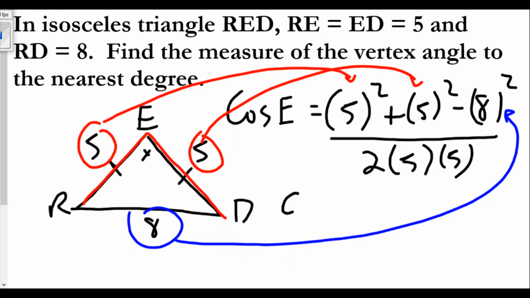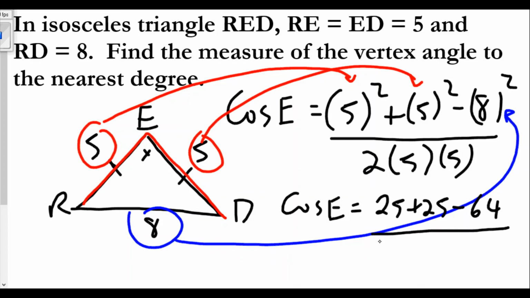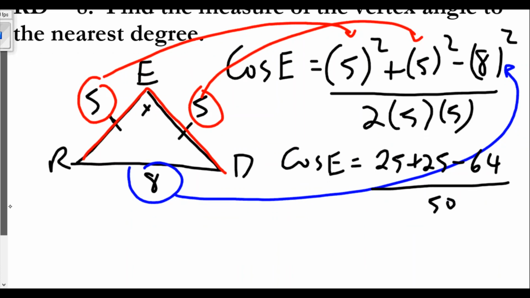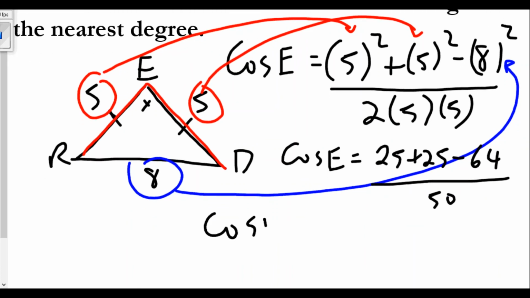So we know the cosine of E is equal to 25 plus 25 minus 64 all over, in this case, 50. So now if we work this further, we'll find that the cosine of E equals negative 14 over 50.